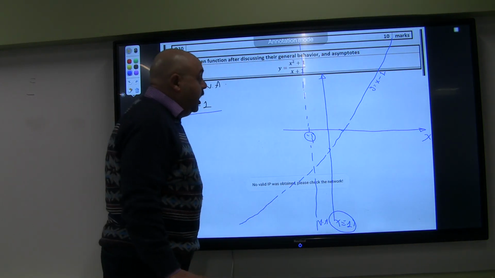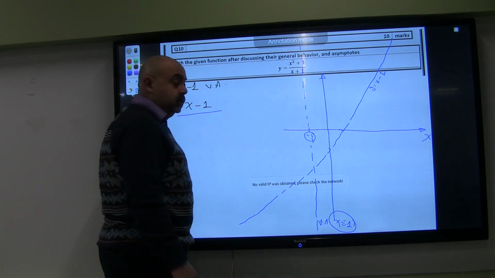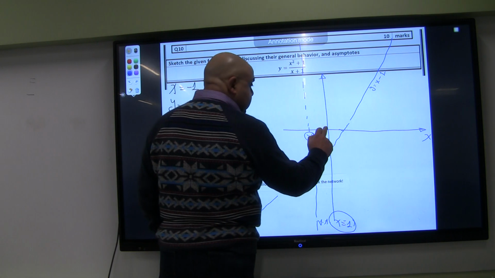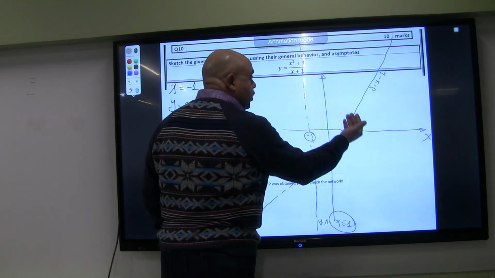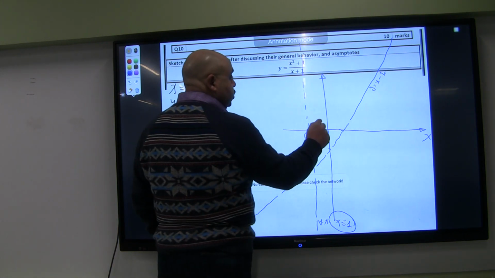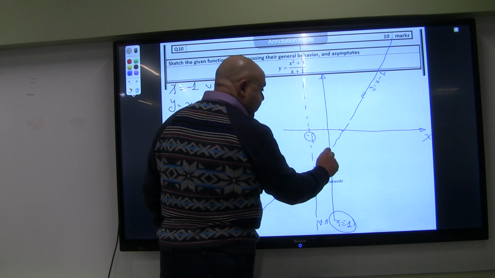So simply, I will take a number to the right and a number to the left of the vertical asymptote. The tempting number that appears to me is 0, which is a number to the right of -1. If we substitute 0 in this line, you will end up having -1.